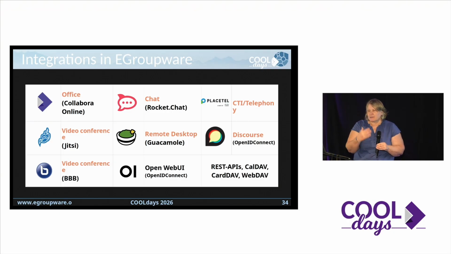We integrate with a lot of different apps, mostly based on REST APIs, so Collabora Online, video conferencing, Jitsi, BigBlueButton, Rocket Chat. A lot are authenticating using OpenID Connect. And we have standard protocols like REST APIs, CalDAV, CardDAV, WebDAV for connecting with local clients.